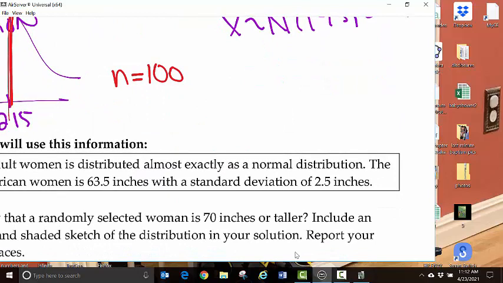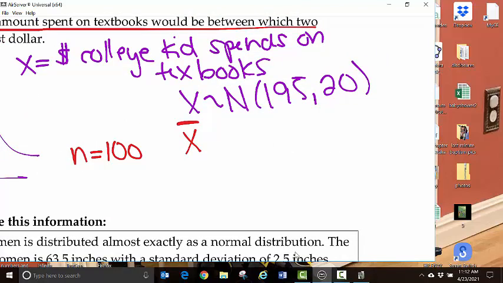So now we really have a new curve where the distribution of all possible averages is still normally distributed. The mean would stay the same, but the standard deviation would change. It would be that standard deviation divided by the square root of 100, or 20 divided by the square root of 100. 20 divided by 10 is 2, right?